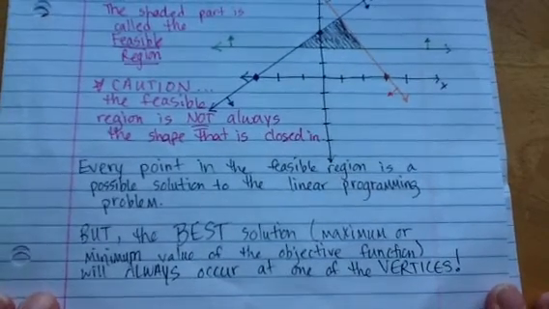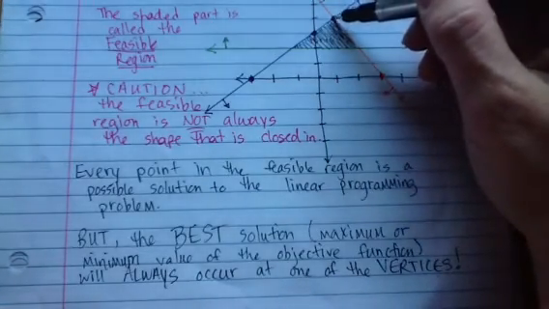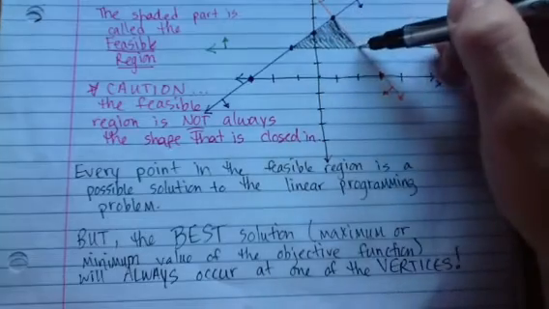So instead of testing 100,000 different points, we only have to test 1, 2, 3 of those points.